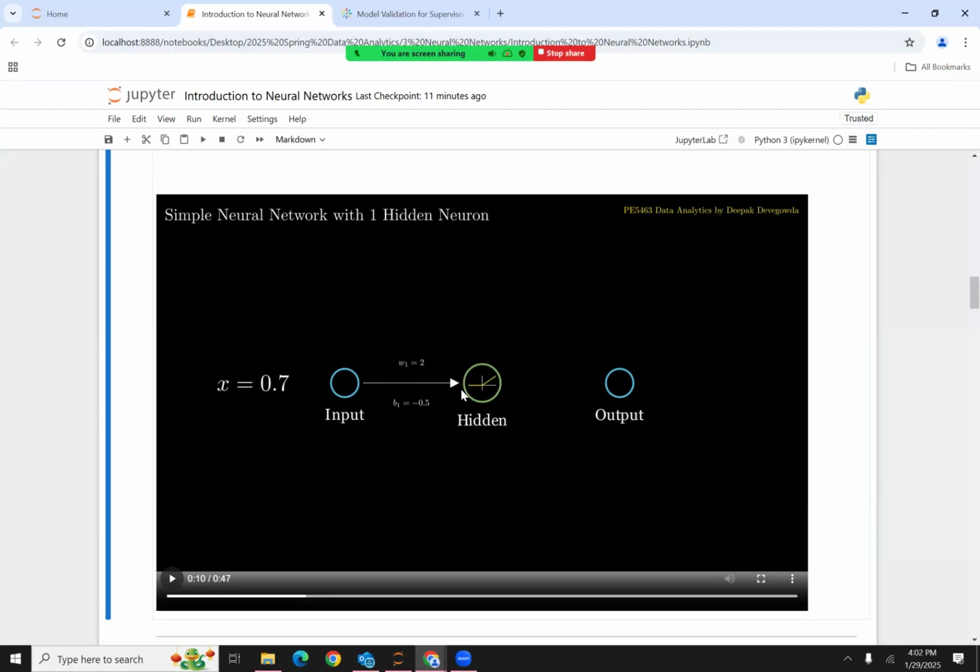You can see that the RELU activation function is embedded in the hidden layer. And then we'll see what happens as it moves along to the output. The other thing I want to mention at this point in time is that I have arbitrarily chosen these weights and these biases. We'll see how these weights and biases are chosen at a later point in time when we look at something called backpropagation, which allows us to calibrate these weights and biases and get a neural network to match data.